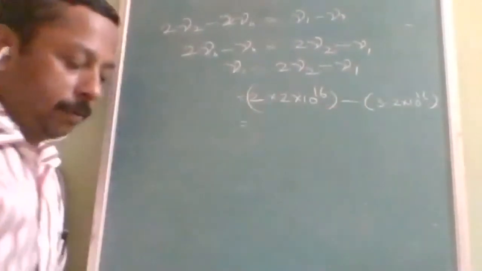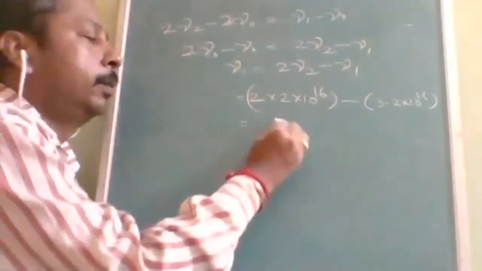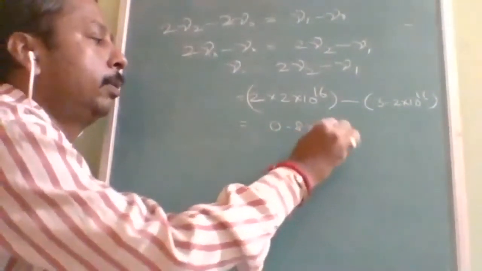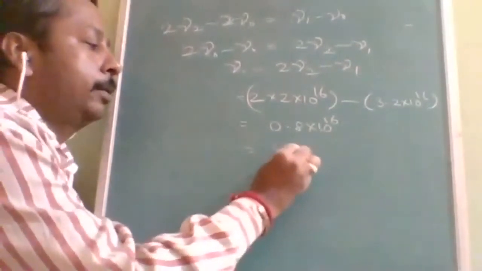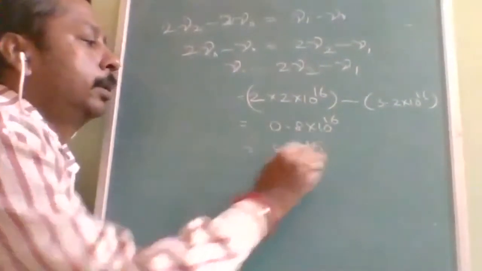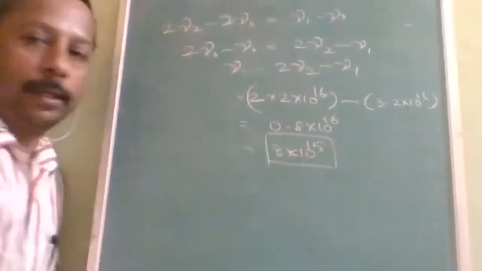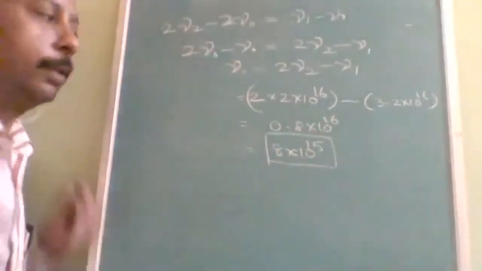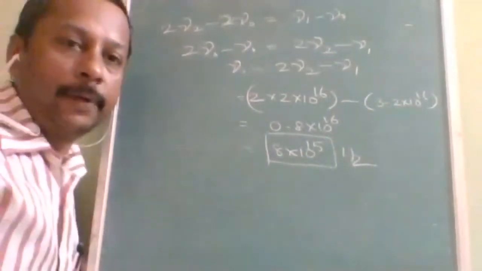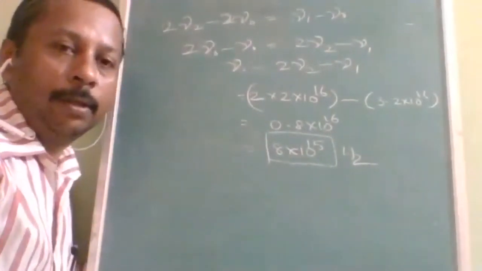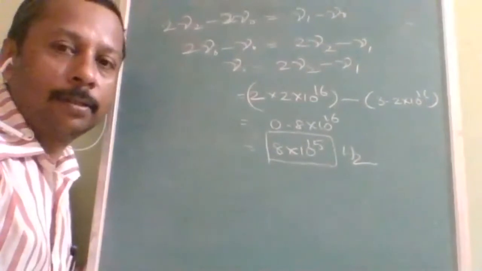Okay. So this will be 4 minus 3.2, 0.8 into 10 to the power of 16. As a stylish answer, the final answer is 8 into 10 to the power of 15. The units are hertz. This is the frequency. Is it understood, students?